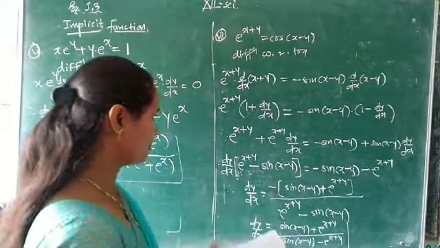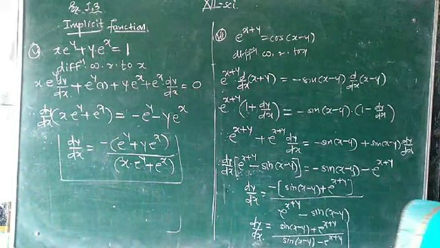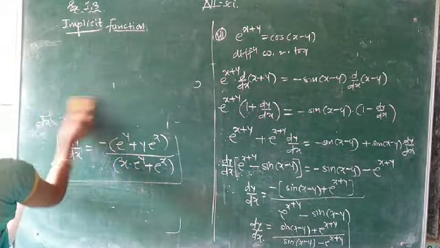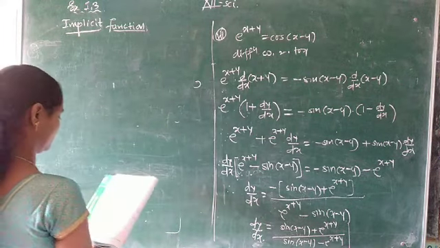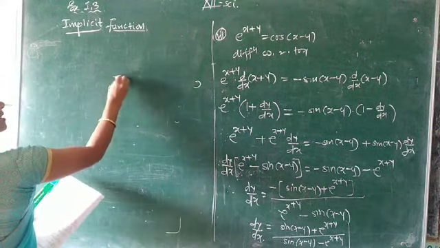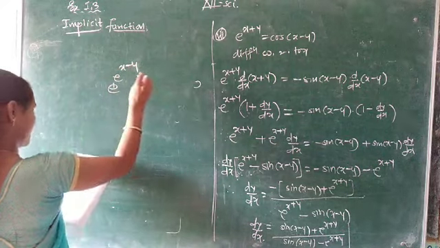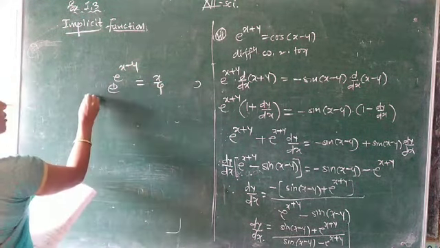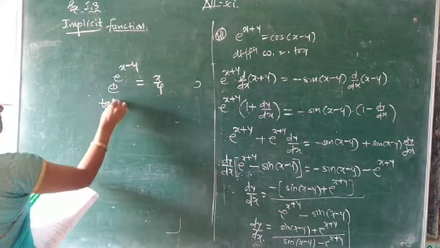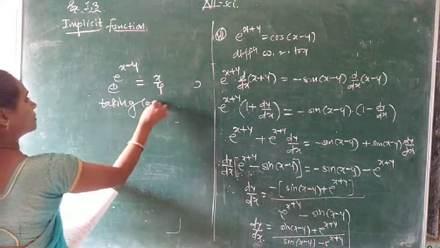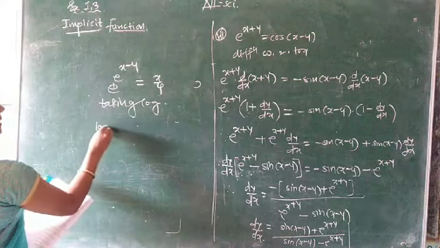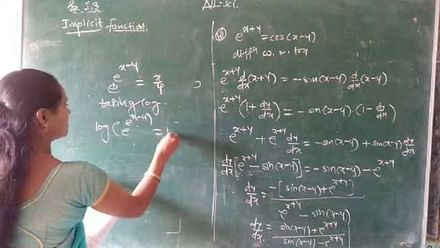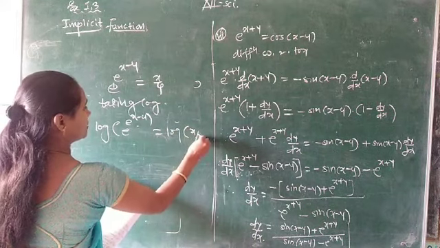Look at question number 9, there is e raised to x minus y is equal to x upon y. So here take log on both sides. We can't find the derivative directly, so taking log on both sides, it becomes log of e raised to x minus y is equal to log of x upon y.